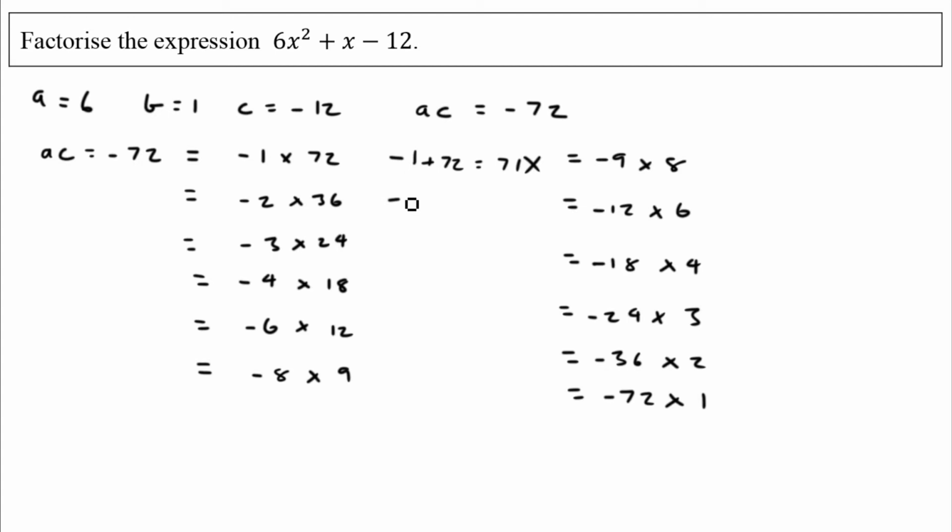Next one, negative 2 plus 36 gives us 34. That's not 1 either, and so on. Now, we don't have to check all of these because it's incredibly obvious that most of them are not going to add up to 1. In fact, we can very easily see which one is going to add up to 1. Negative 8 plus 9 is 1, which is b, so this is the one we are interested in.